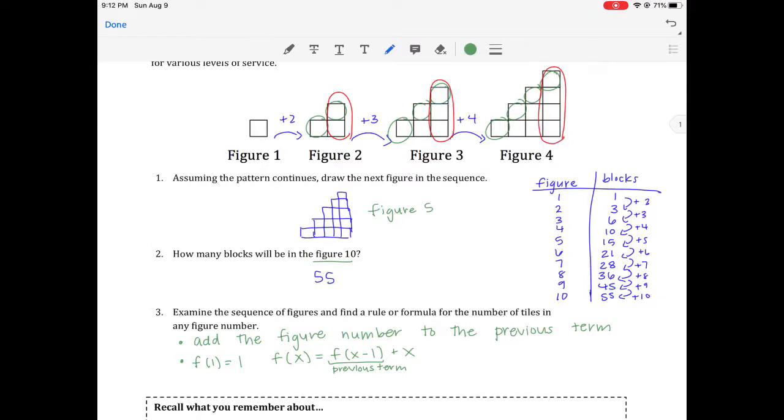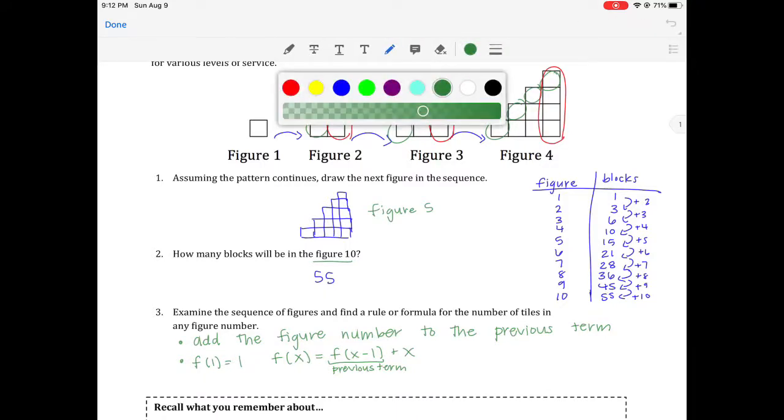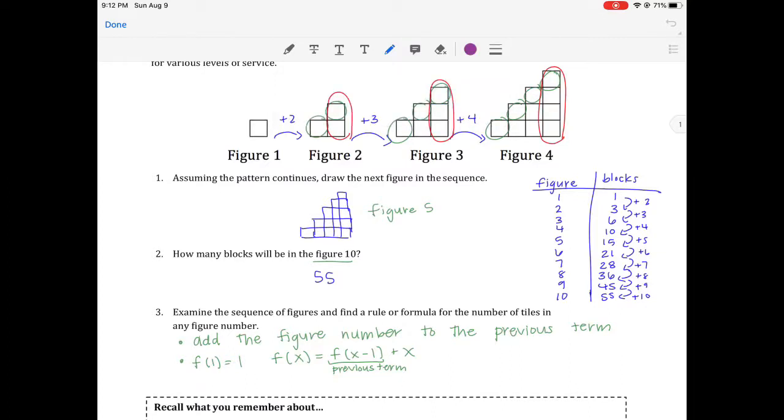And there's one last way we could look at it. As we look at these, we could think about it almost like a triangle. Notice here, we got an extra one, but I've got some extra blocks on the side here, right? So you could think about the area of the triangle.